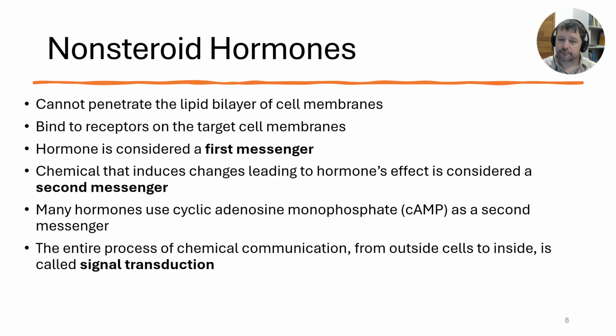Okay, and we call this kind of process of inducing a signal from outside inside, okay, we call that a signal transduction. Okay, and this is also really similar to how cells communicate with each other, how they communicate damage. So if there's a damaged cell, they'll send out a cytokine or a signal molecule.